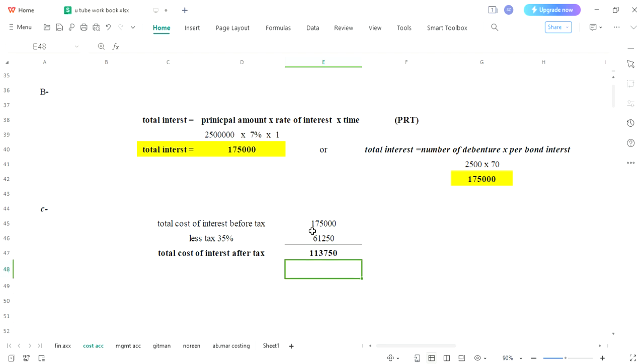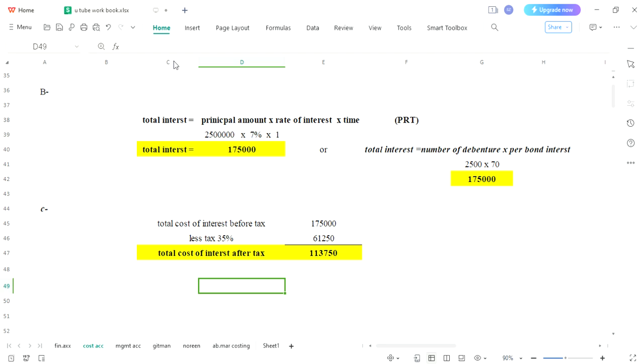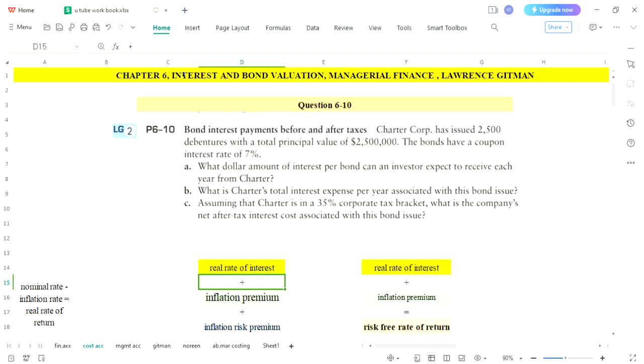This way the cost after tax you have calculated is 113750. This was your third answer. So let's mark it as completed. Let's see what else. A, B and C parts were given.